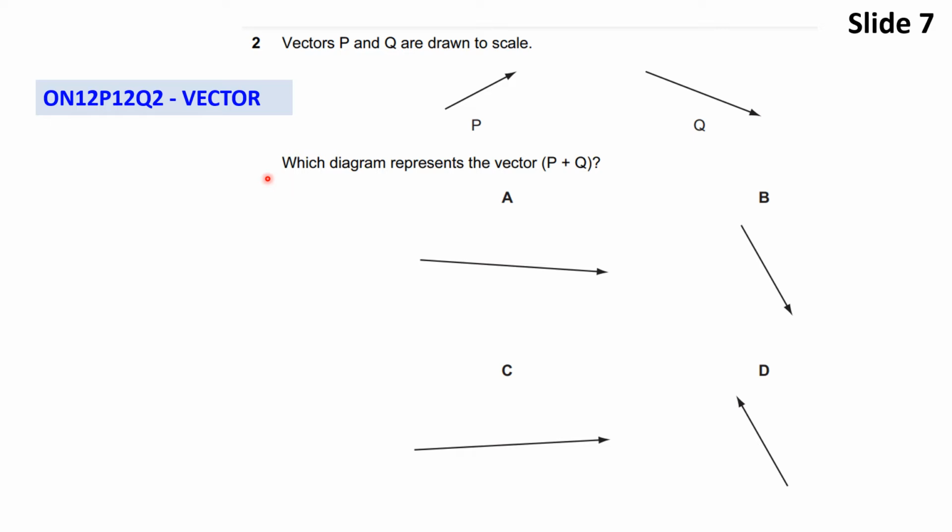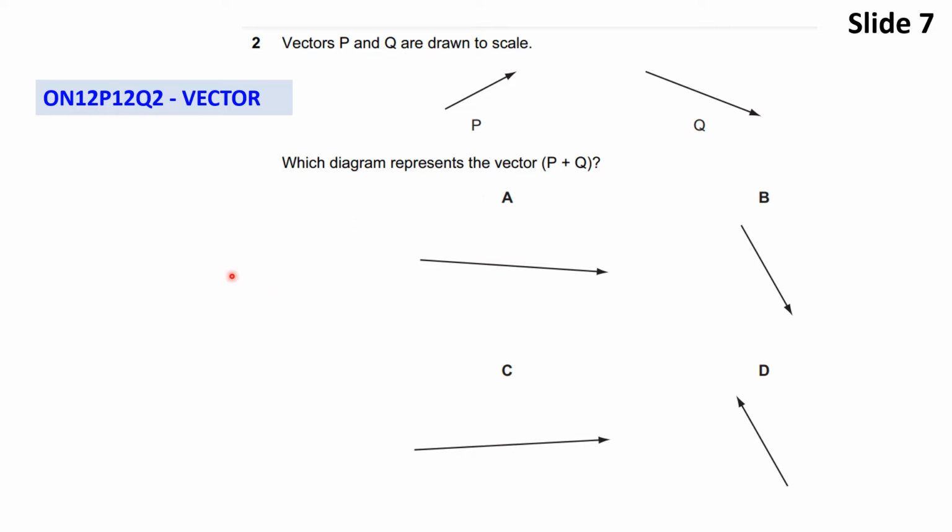Example of the Tip-to-Tail method from a Paper 1 past exam. Vectors P and Q are drawn to scale. Which diagram represents the vector P plus Q?